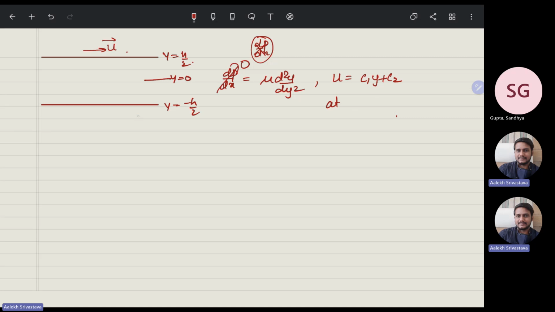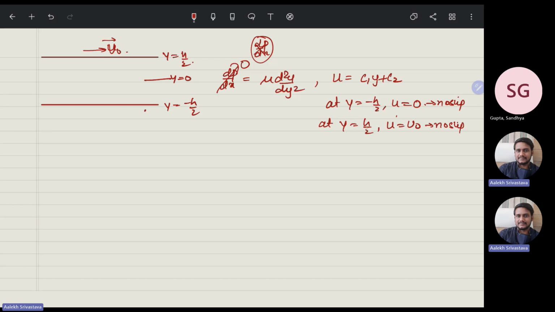Here we have a plate velocity, here it is 0. So at y is equal to minus h by 2, u is equal to 0 because of the no slip boundary condition. At y is equal to plus h by 2, we have u is equal to u naught, because of no slip and the plate is moving relative to it.